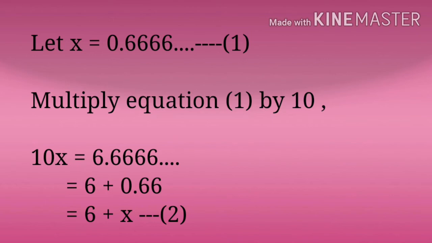Let x be 0.666, etc. Then consider this as the first equation. Then you have to multiply this equation by 10. What will you get? 10x is equal to 0.6 into 10, which means 6, right?